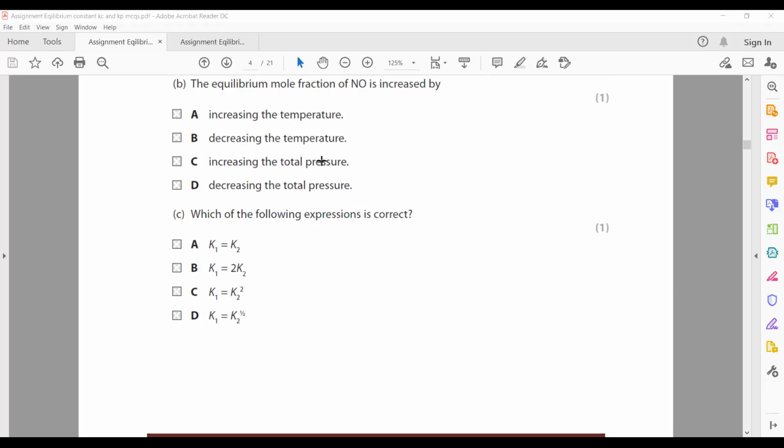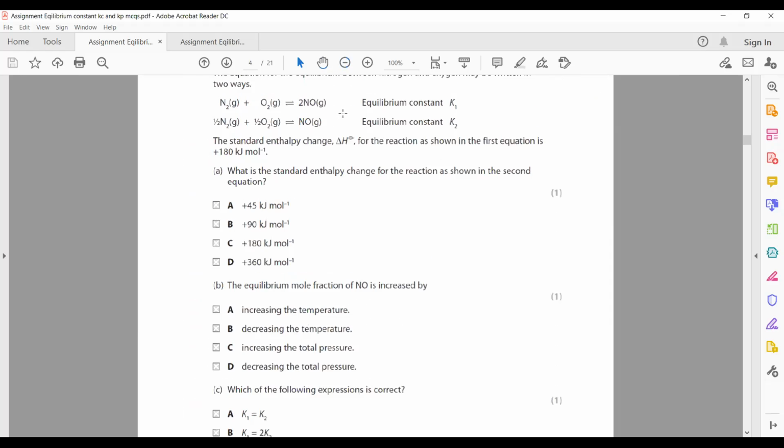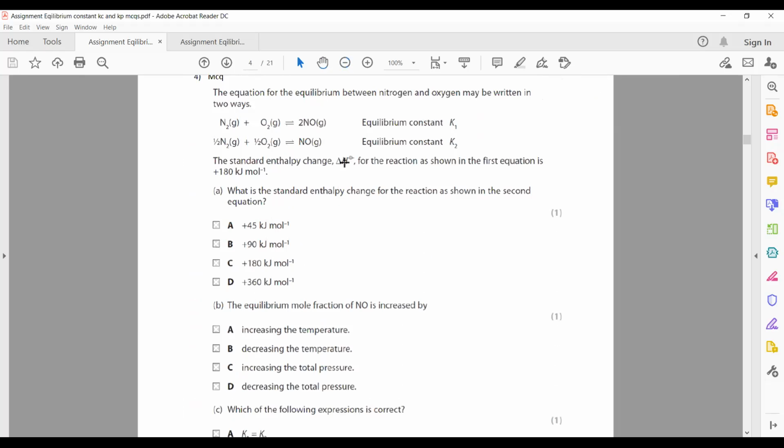Which of the following expressions is correct? Like the forward and the backward reaction, the first reaction Kc and the second reaction Kc, how are they related with each other? So you can write an expression. You can simply write the equilibrium expression for the first one.